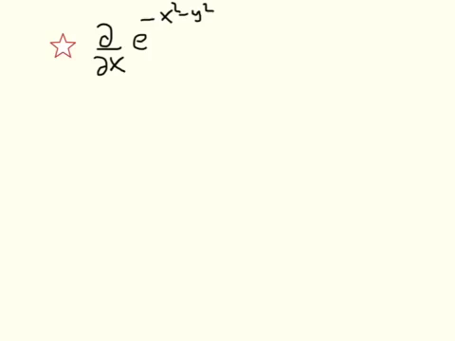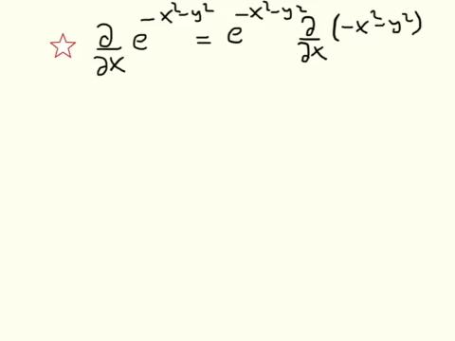The most brutal is just to say that we're going to use the chain rule, and that this is the derivative of an exponential function, so we're going to get the exponential with the same argument, and then we are going to differentiate the argument, which is minus x squared minus y squared, with respect to our variable, which is here x.